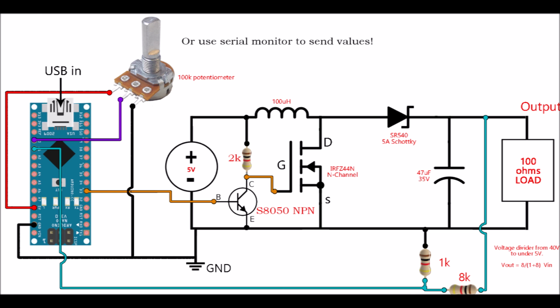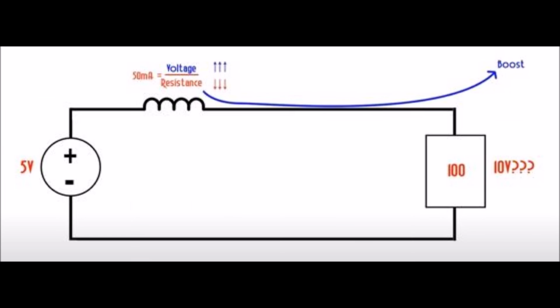With an inductor, a capacitor, resistances and a quick commutation between t less than 0 and t greater than 0, we will be able to raise the voltage at the output.